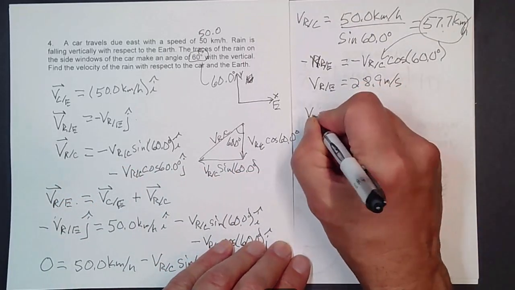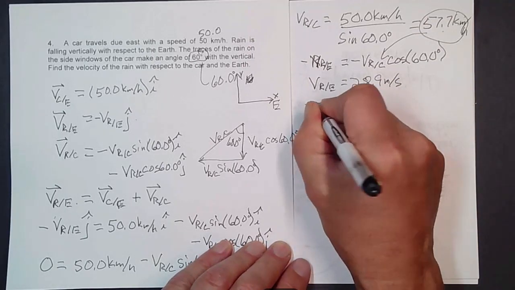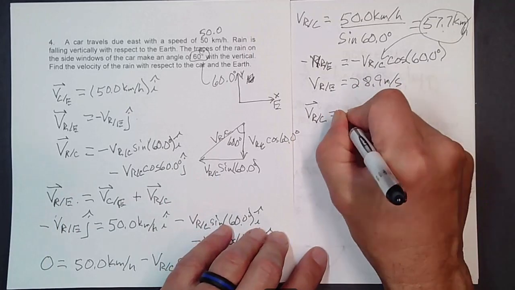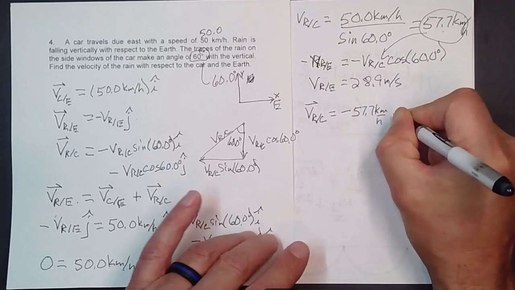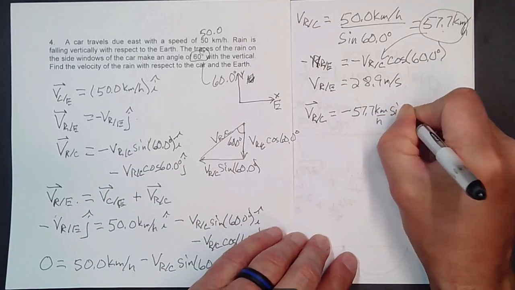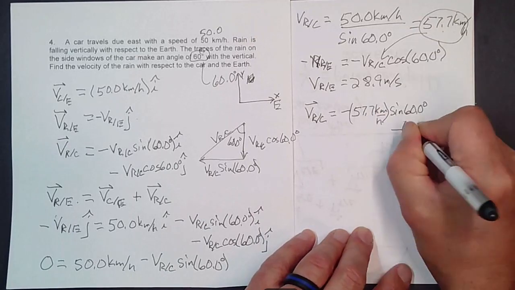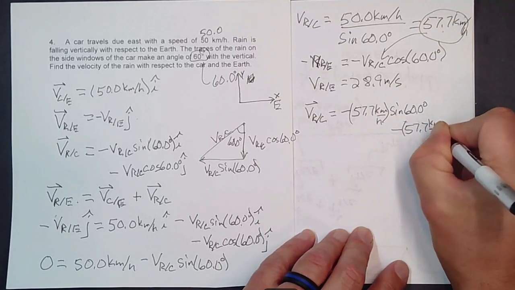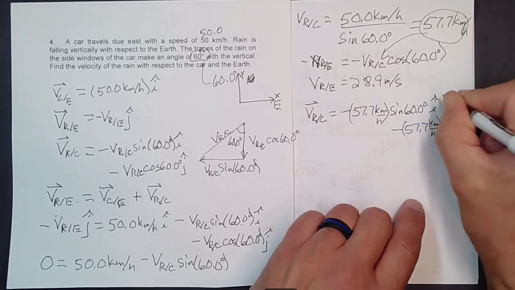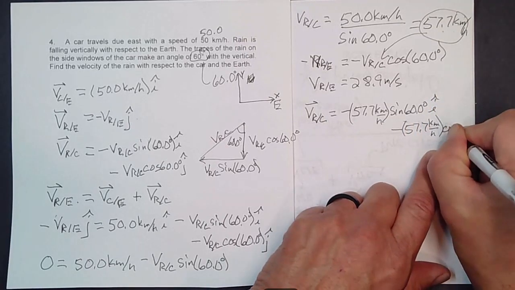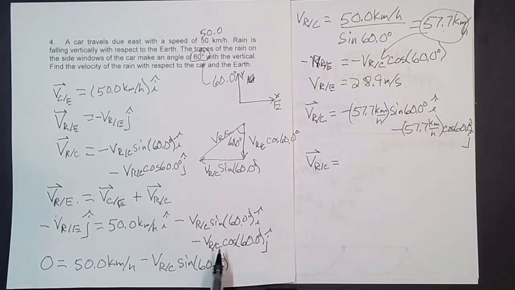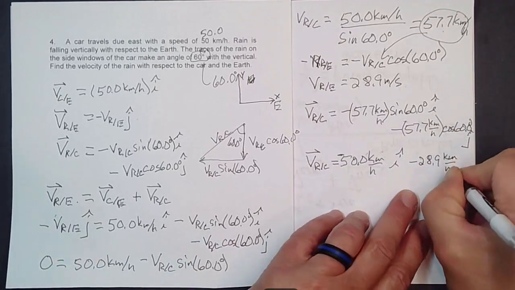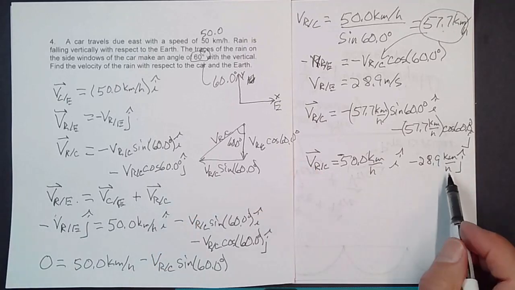So velocity of rain with respect to the car is going to equal the negative of the magnitude of that, 57.7 kilometers per hour, times the sine of 60.0 degrees, in the i-hat direction, minus that magnitude again, 57.7 kilometers per hour, times the cosine of 60.0 degrees in the j-hat direction. So that's what the velocity of the rain with respect to the car comes out to be.